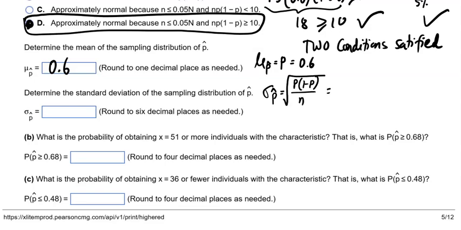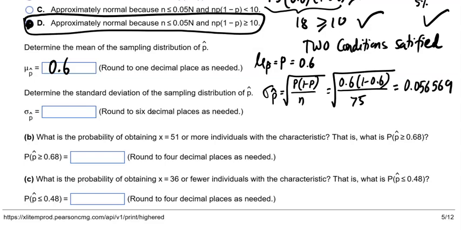So p is 0.6, 1 minus 0.6, divided by n, which is 75, square root of that, and you round it to 6 decimal places as needed. So you've got to follow the instruction. The 6 decimal is going to be 0.056569. So this is the standard deviation of the sampling distribution of the sample proportion.